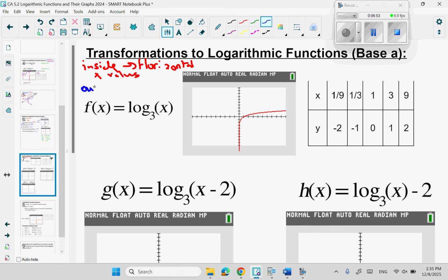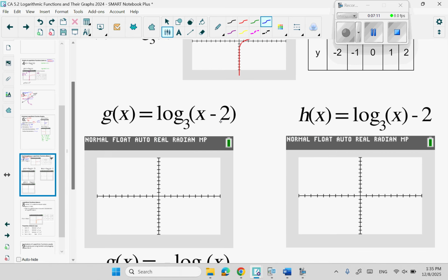Whenever it is on the outside, it is vertical, and those affect the y values. Now, yesterday we talked about it being inside of the exponent, because that'd be inside in that sort of structure. Today, inside of the logarithm is what we're looking at. So here, this is inside the logarithm, because it's grouped inside that parentheses.